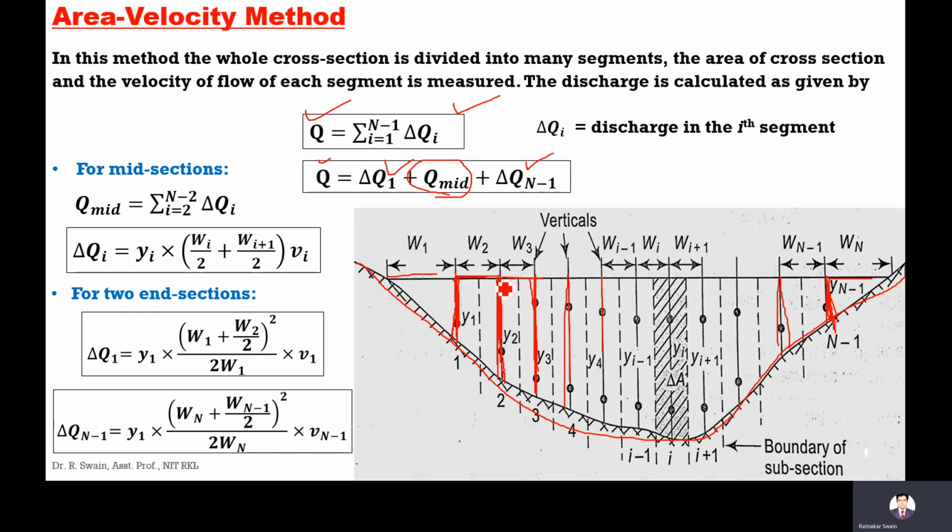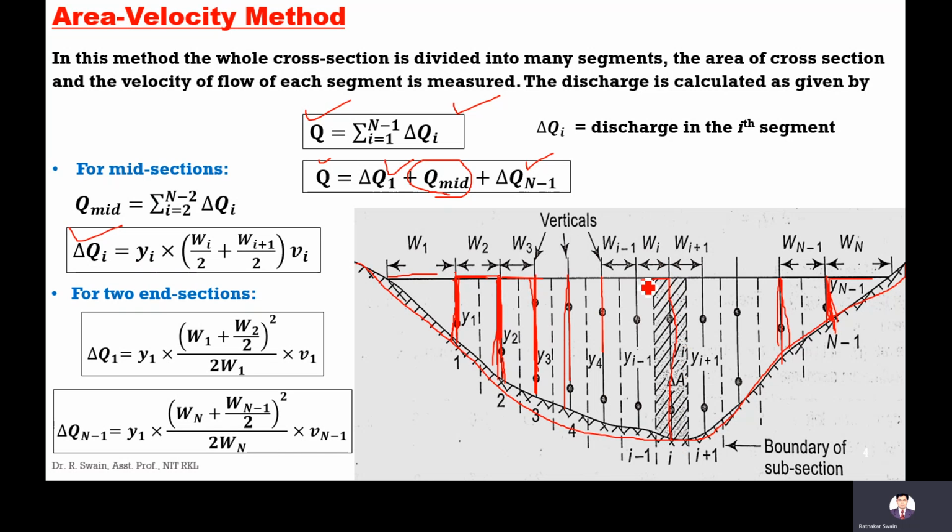Here, for the mid sections, from 2 to n-2, the discharge is estimated using this formula: y into average width into velocity. Average width means, let this be the section of I section.